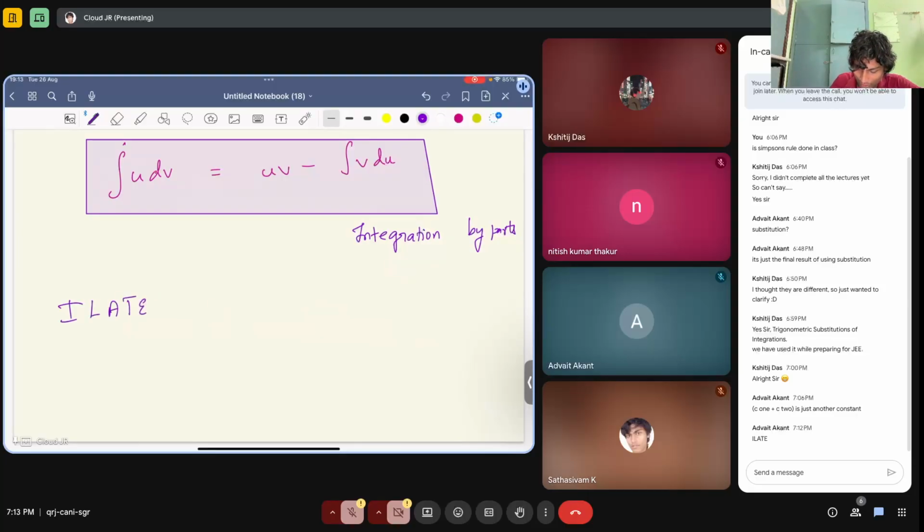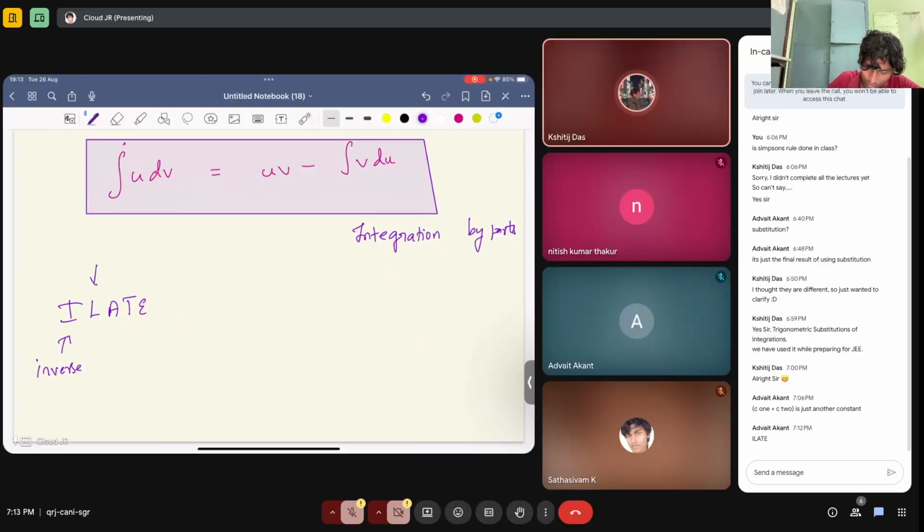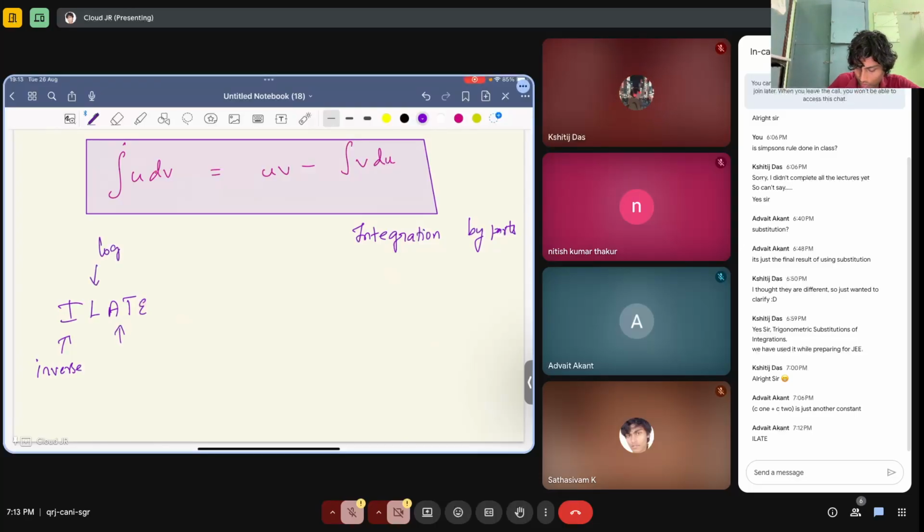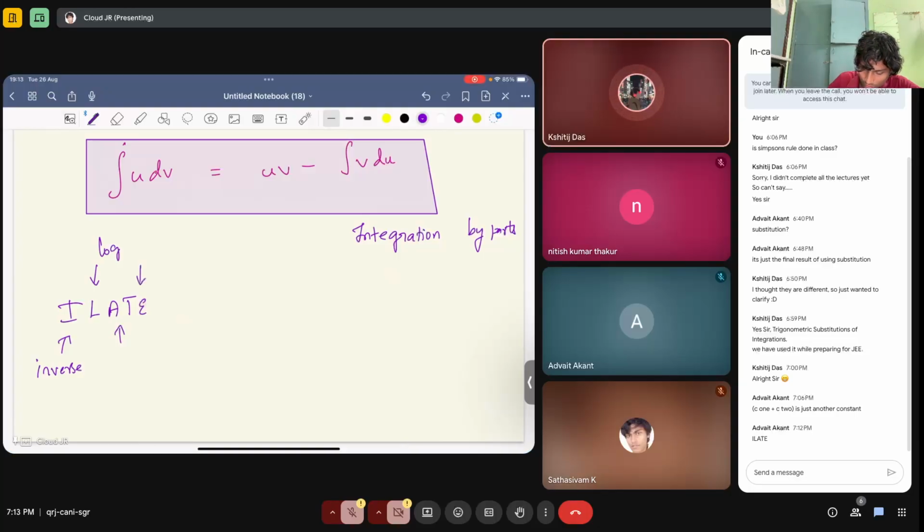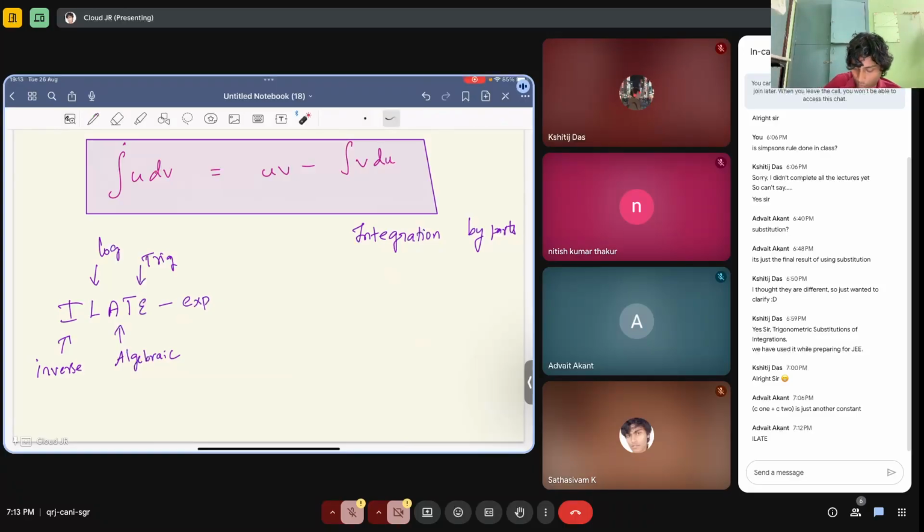Okay, so what does the I stand for? It is inverse, right? And this is logarithmic. What is this one? Algebraic. Okay, algebraic, trigonometric, and exponential. So this is a choice. It goes in this direction or the other direction.